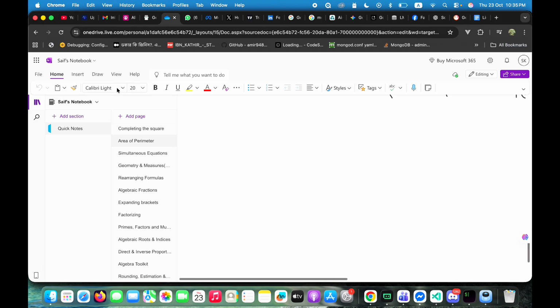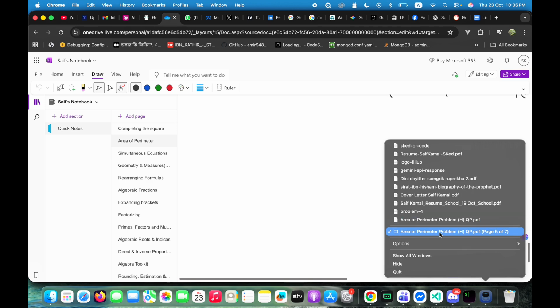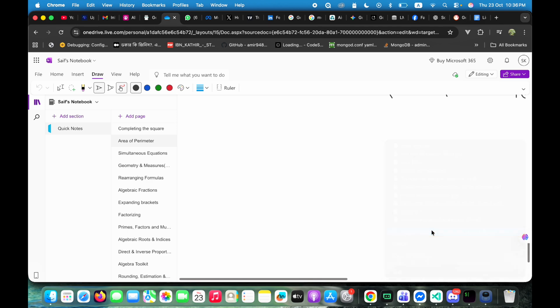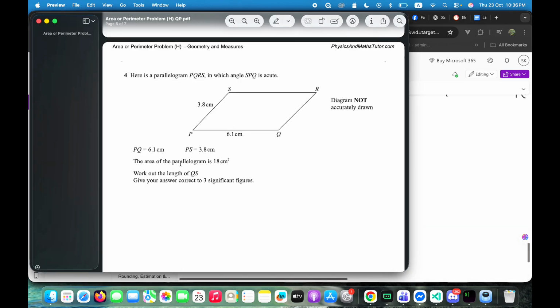So if I use my pen tool, the area of the parallelogram is 18.